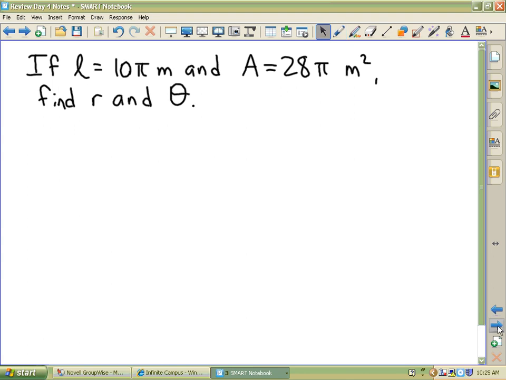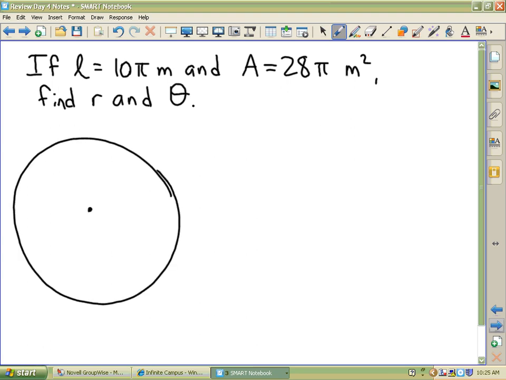This problem has come a little more in vogue in recent years. They're easy to generate. You've got some central angle theta made by two radii of length r. The arc is 10 pi. The area inside the sector is 28 pi.